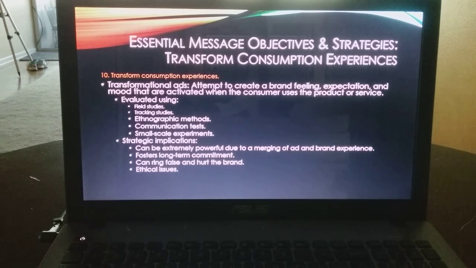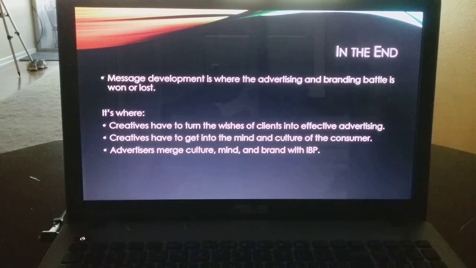It can be very effective, and it can really work to foster some kind of long-term commitment, brand loyalty, and eventually brand equity. So you have to make sure that your target audience is really interested in having the same experience. Otherwise, it could backfire on you.